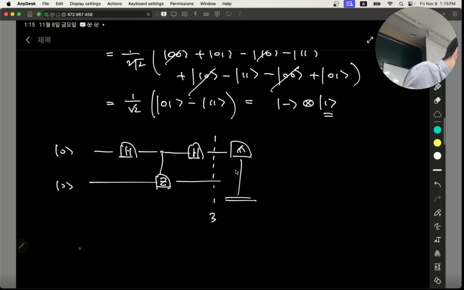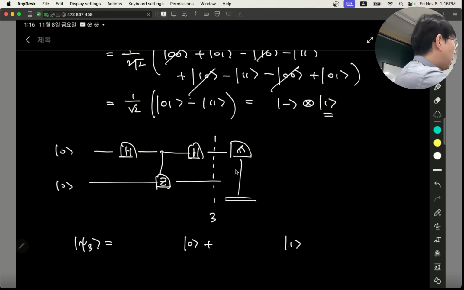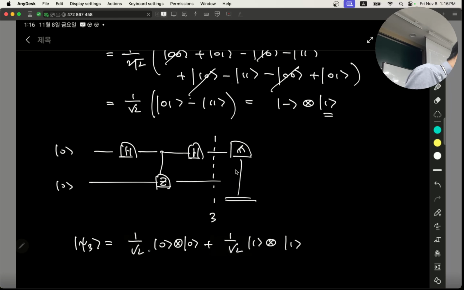The state at stage 3 becomes the superposed state of ancilla 0 and ancilla 1, and the data qubit is stabilized to an eigenstate of the Z gate. So what's the eigenstate of the Z gate? It's either |0⟩ or |1⟩. So it's either |0⟩ tensor ancilla or |1⟩ tensor ancilla, over root 2.